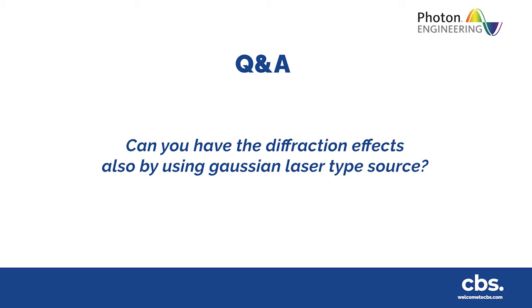Another question, can you have diffraction effects also by using the Gaussian laser type source? Yes, really any of the coherent source types. I just used a plane wave in these examples with the assumption that it's a top hat or a plane, infinite plane wave coming through the aperture.